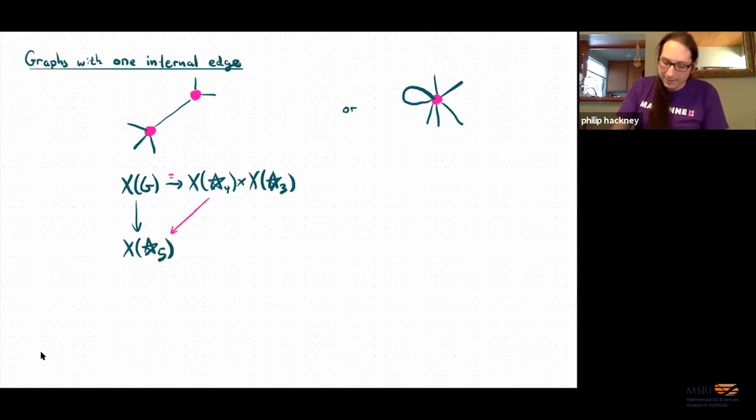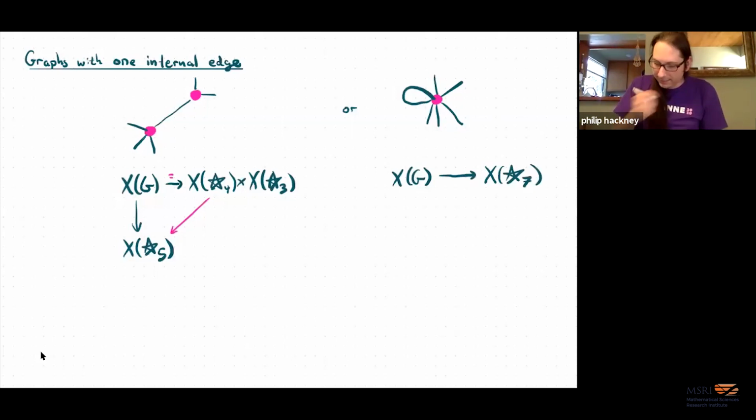Whereas here, well, now I have this weird, complicated graph, G, but its Segal core only has one vertex that has valence 7. And this goes to x star 5 by that active map.